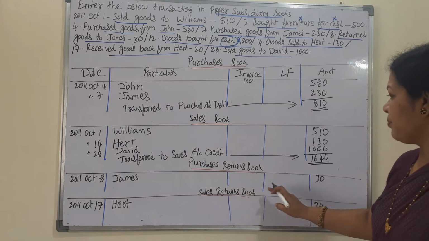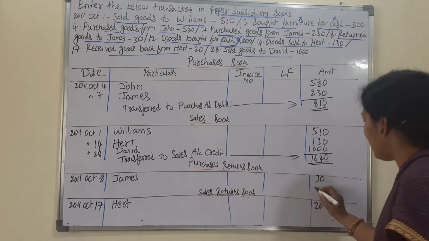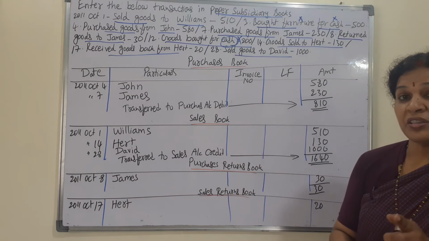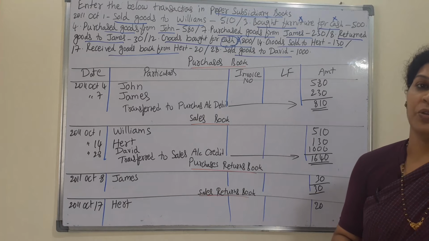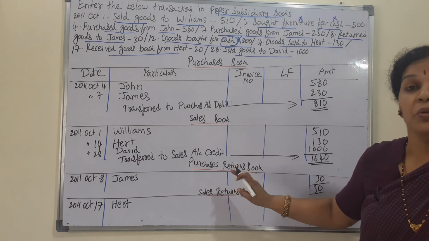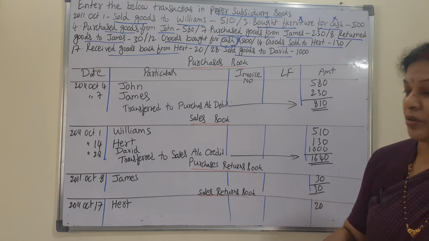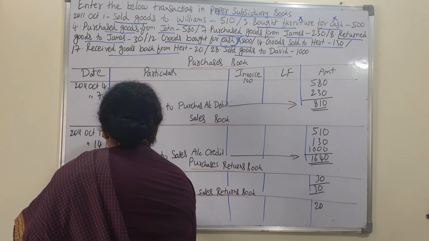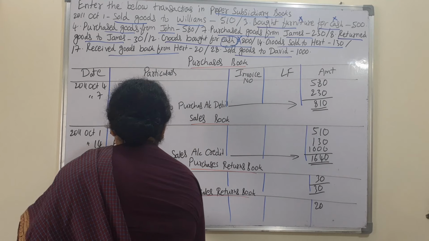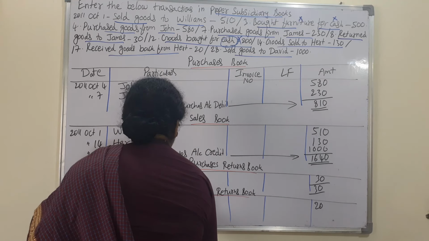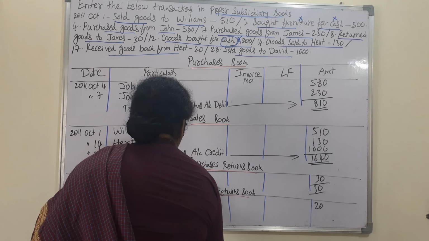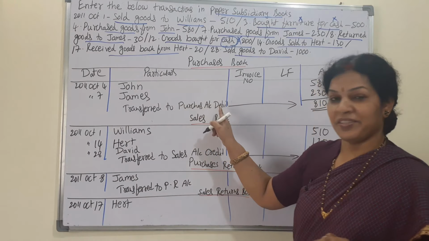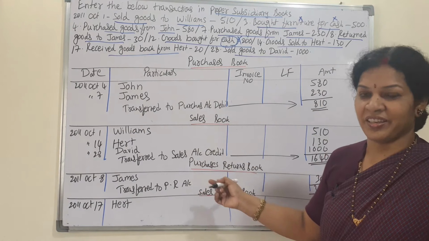Next, purchase returns book we are having only 30 rupees. Purchase returns also transfer into the purchase returns account. Purchase returns book to purchase returns account. So we'll write transferred to purchase returns account. Here it's debit, purchase returns credit.